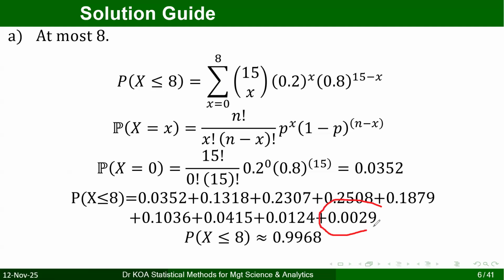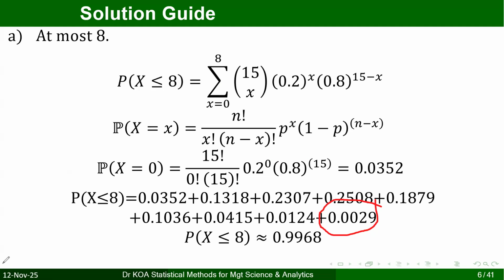That's why I showed you. We have already calculated that thing. You said it yourself, Jerry. Now you are going to calculate it. So that's it, 0.0029. That is the probability that 8 of them have failed.